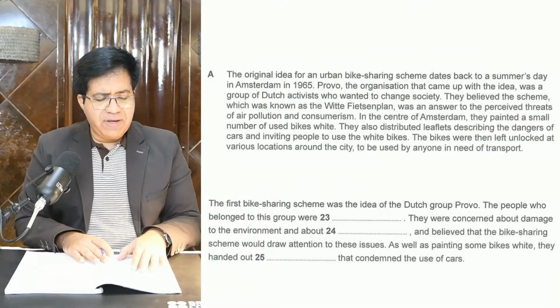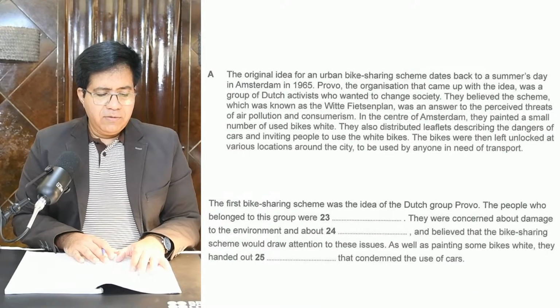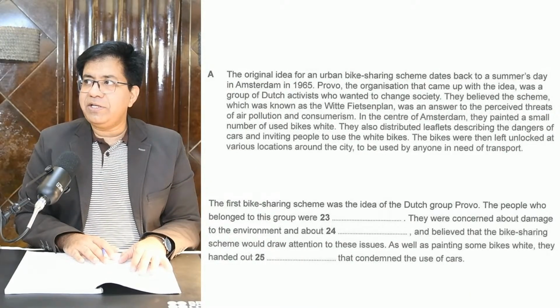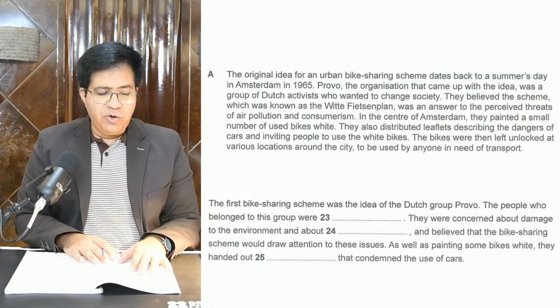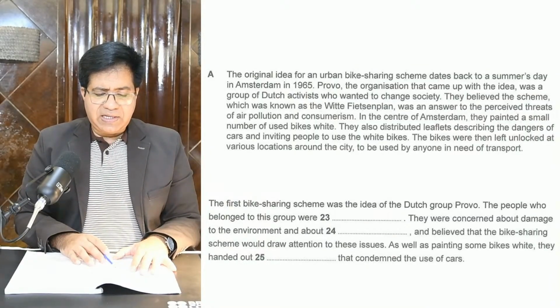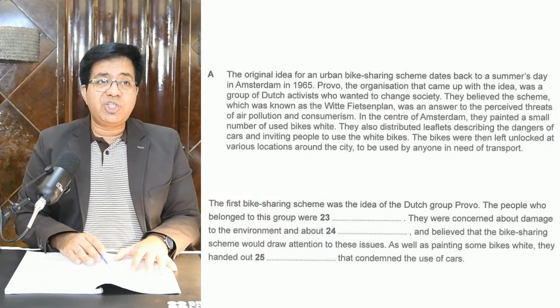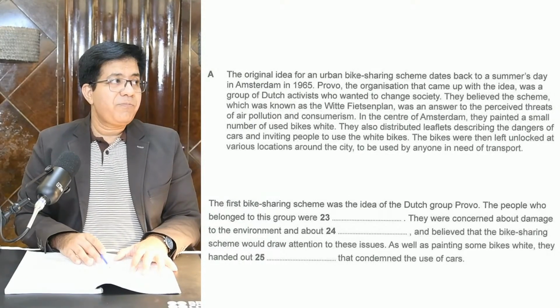So the people who belong to Dutch group Provo, who were those people? Please come to paragraph A, second line, after 1965, when we were fighting a war and they were introducing a bike sharing scheme. Provo, the organization that came up with the idea, was a group of Dutch activists. Who were they?